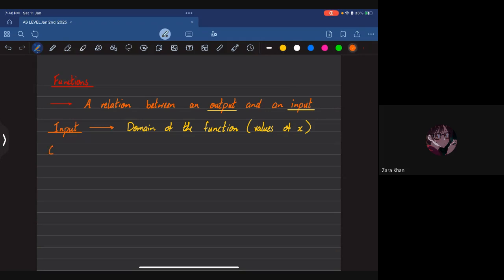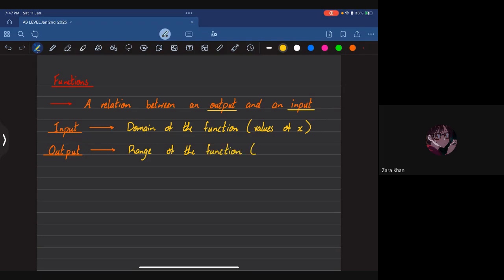At the same time, your output of the function is what? It's the range of your function. Whatever the function is going to give you in return to these values of x is called your range of the function, or you can say your output to the function.